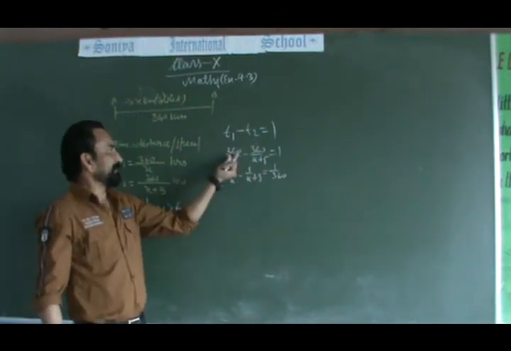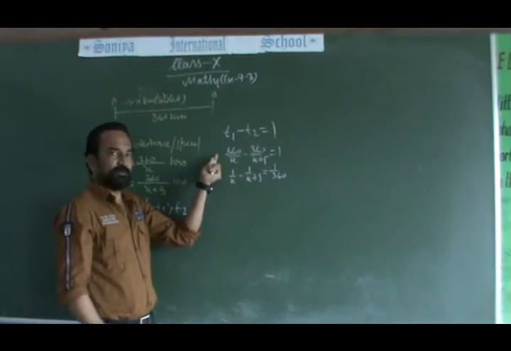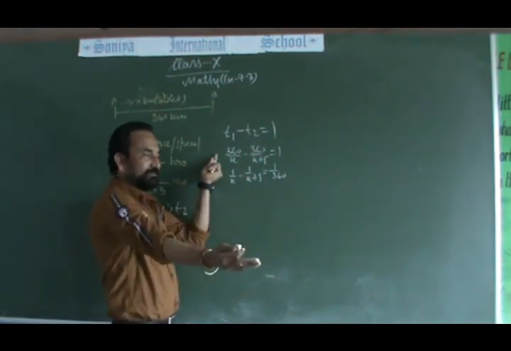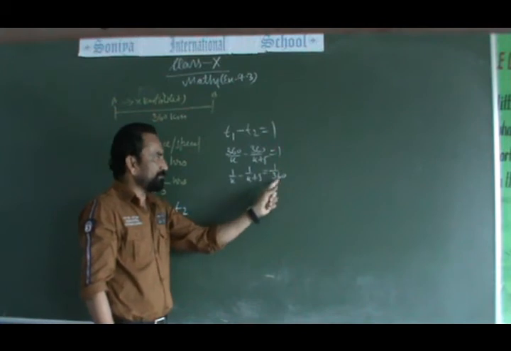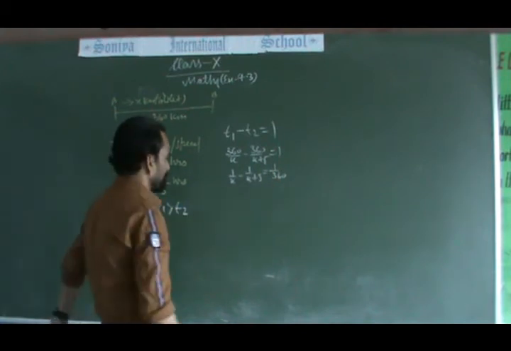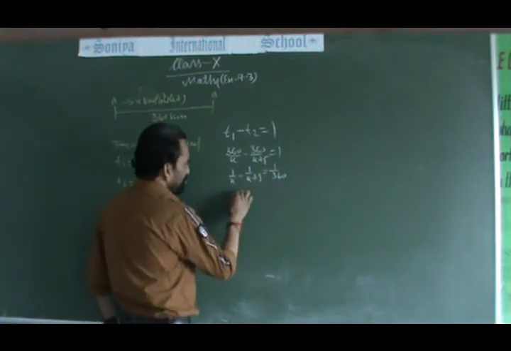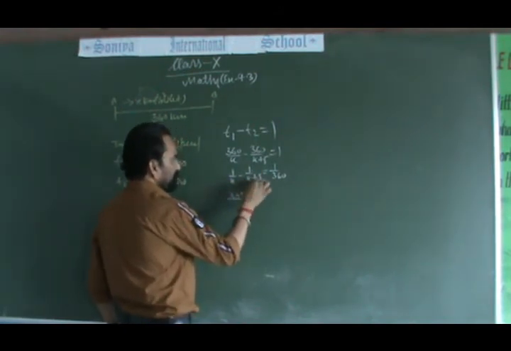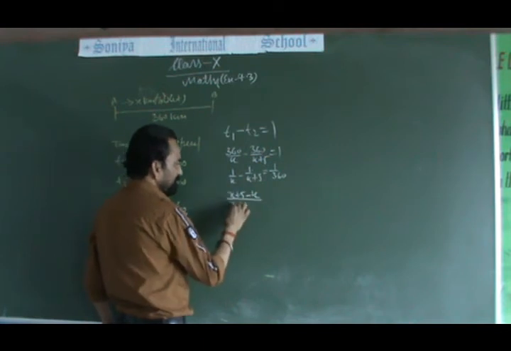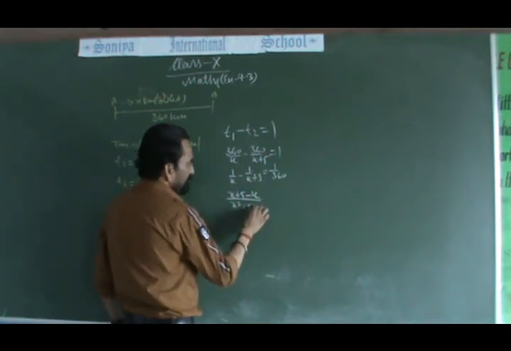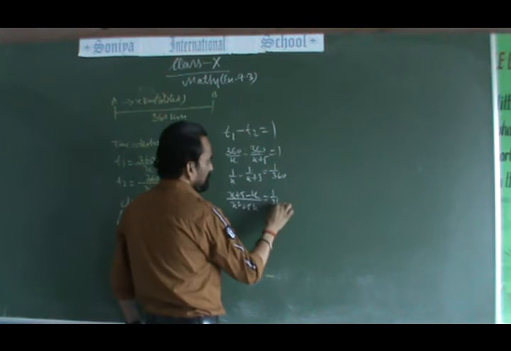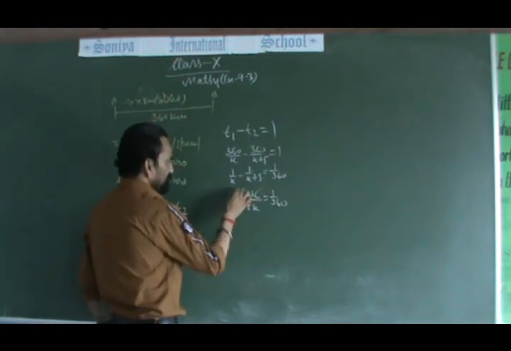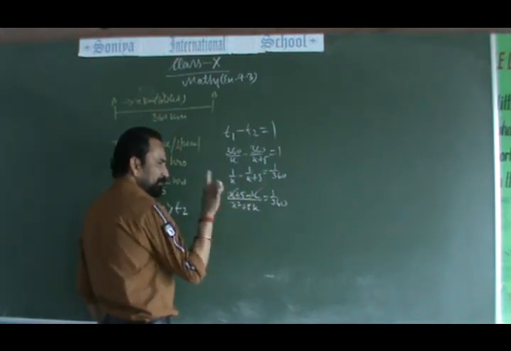When it goes to the other side of the equals sign, it becomes a divisor. Solve it. x plus 5 minus x upon, when we multiply these two denominators, we get x square plus 5x.